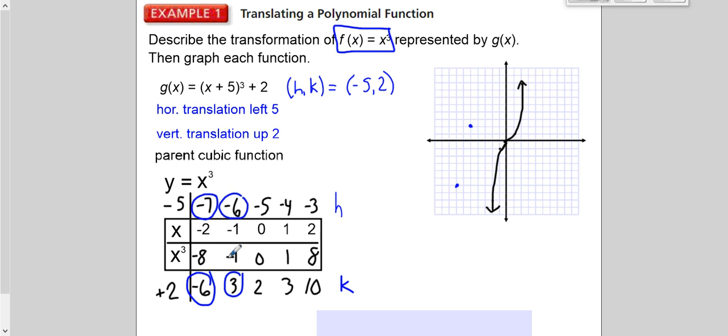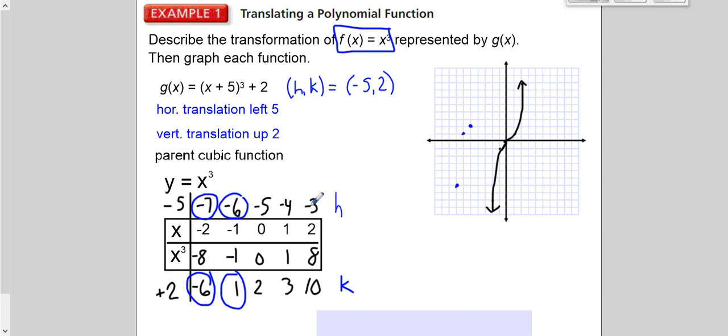Oh, negative 1 plus 2. Remember, I changed that sign. Negative 1 plus 2. What is negative 1 plus 2? Positive 1. Okay, so negative 6 goes with positive 1. Almost ruined my pattern. That's all about patterns. Negative 5 goes with 2.